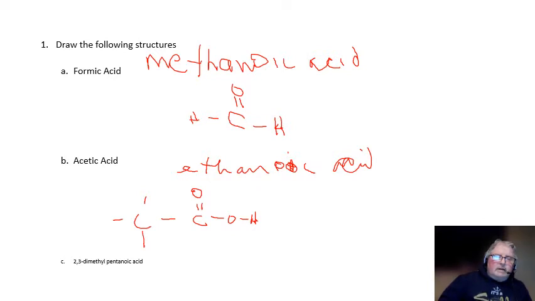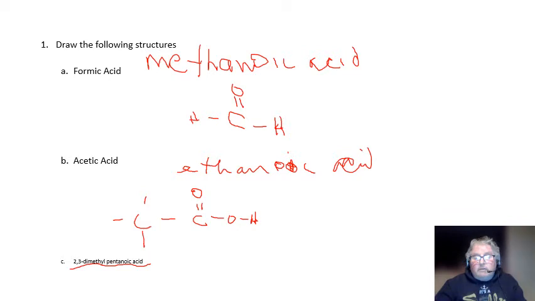After two carbons, you have to use the specific naming formula. If you have three carbons, it's propanoic. If it's four carbons, butanoic, and so forth. So let's draw 2,3-dimethylpentanoic acid. I know this is five carbons: 1, 2, 3, 4, 5.